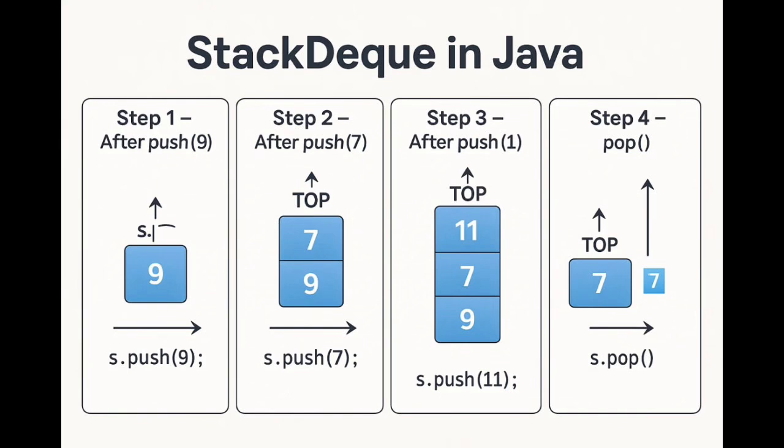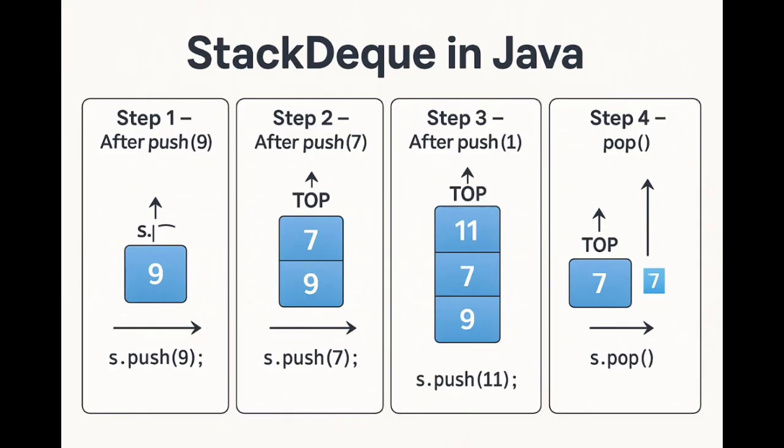In the third step, we push one more element, 11, with s.push(11). Now the top of the stack is 11, followed by 7, and then 9 at the bottom. Finally, in step 4, we use the pop method.